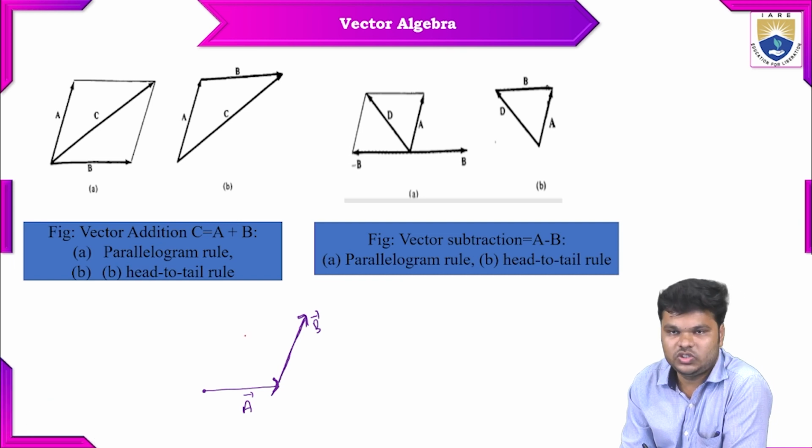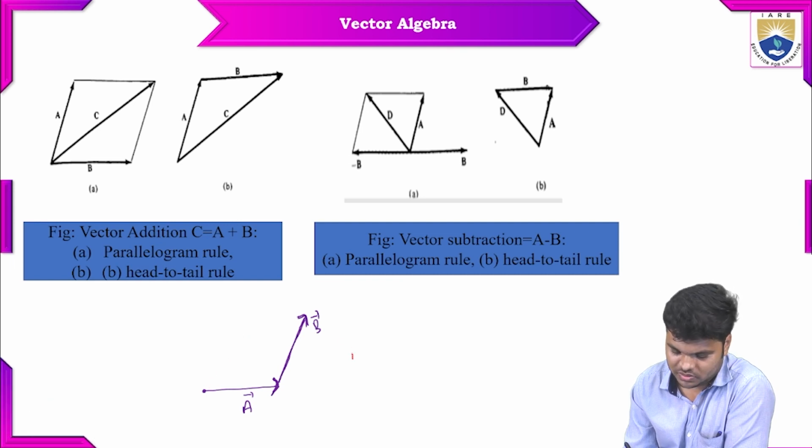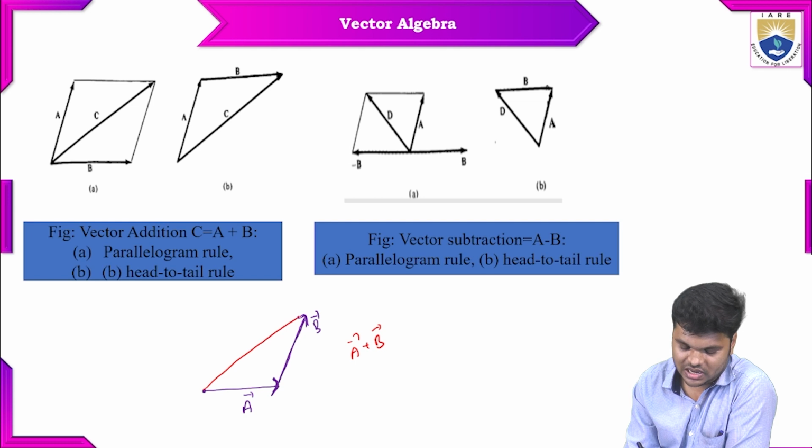So what is the resultant of these two vectors? A bar plus B bar. It has its tail at the tail of the first vector and head at the head of the second vector. So this one is A bar plus B bar.